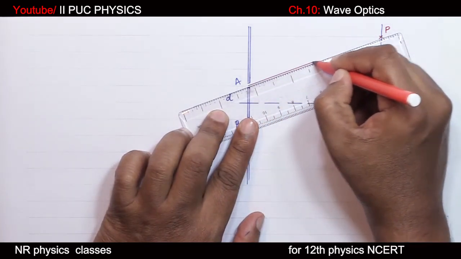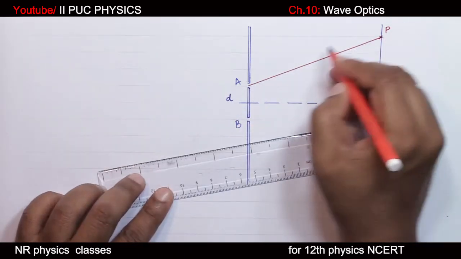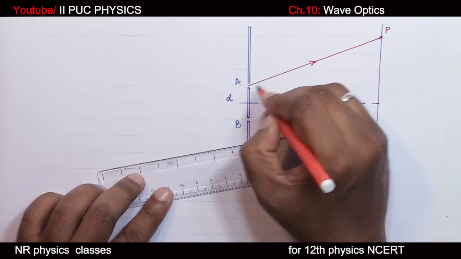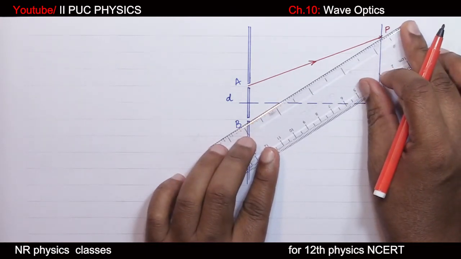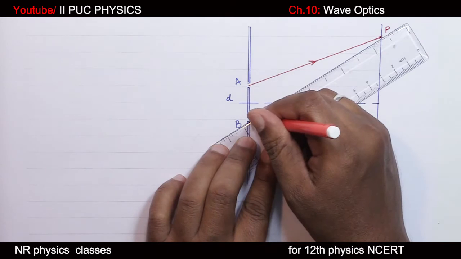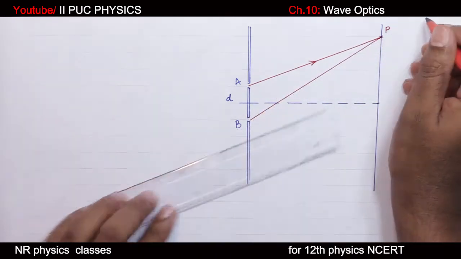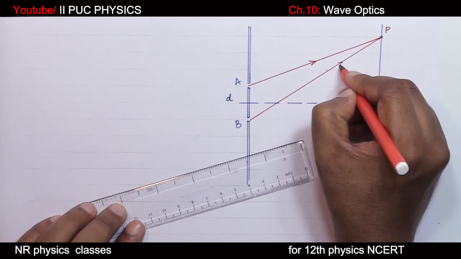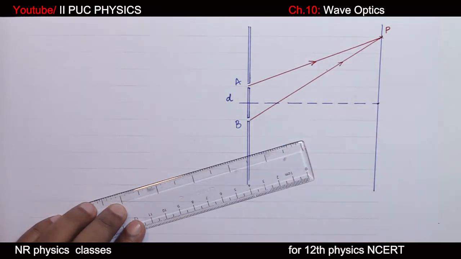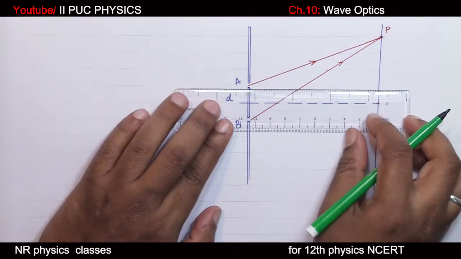So this is the first ray from A to P. This is the second ray. These are by construction.